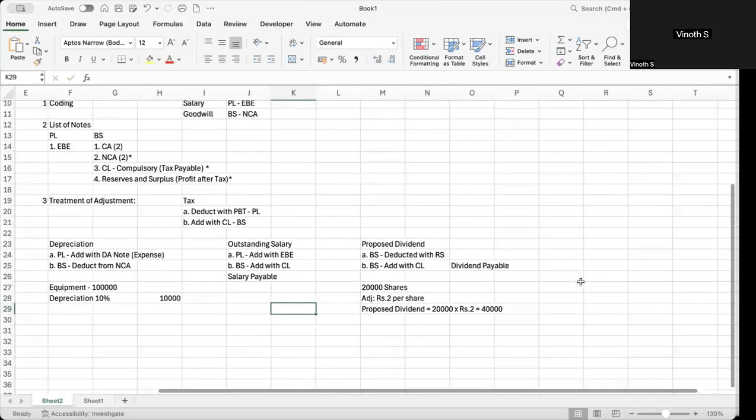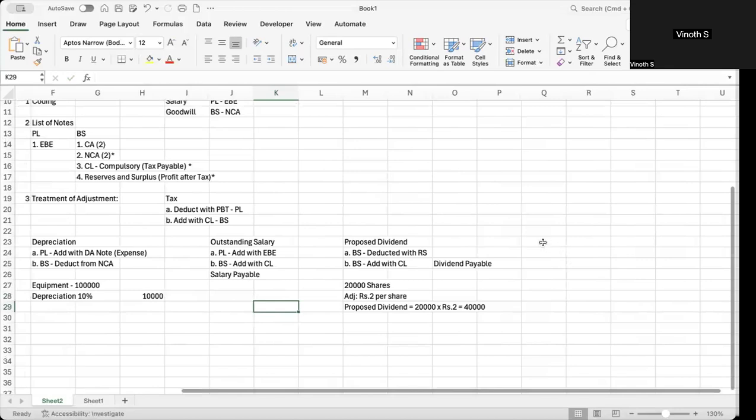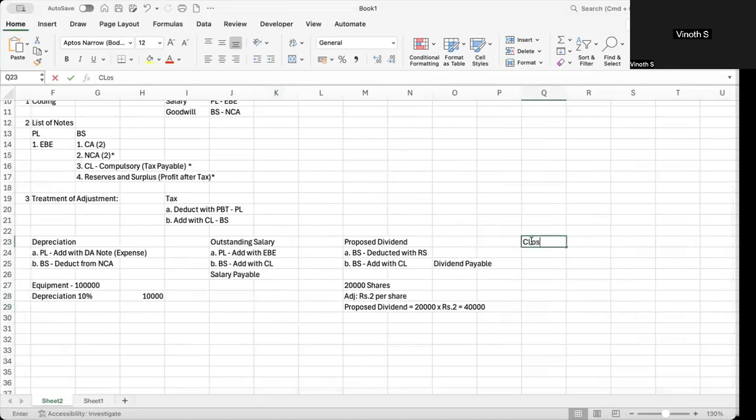The last one, the fourth adjustment, closing stock. Whenever the closing stock is given, please check in the question itself, the trial balance itself, that the opening stock value is available and the purchase of material is available. Both must be available, then only can we treat the closing stock properly.